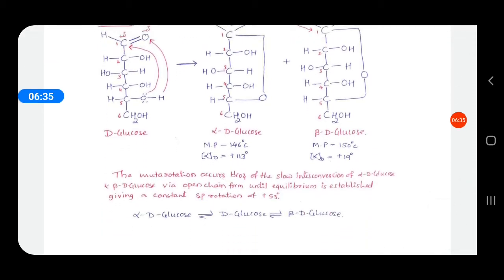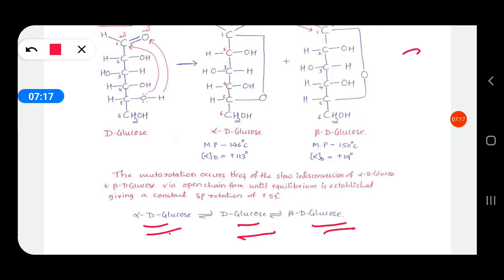The mutarotation occurs because of the slow interconversion of alpha D glucose and beta D glucose via the open chain form until equilibrium is established. So equilibrium is established between alpha D glucose, beta D glucose and the open chain. Either alpha is dissolved in water, it undergoes slow conversion, from alpha to open chain and then to beta, then again to alpha form.